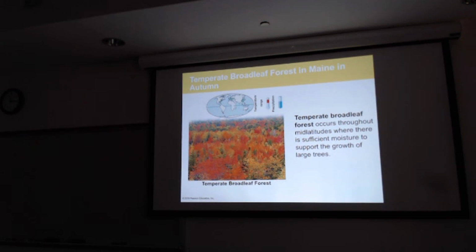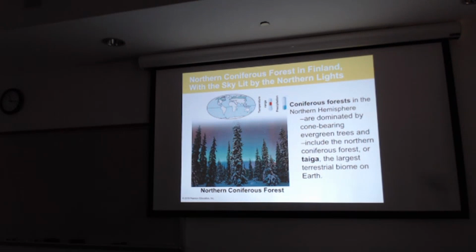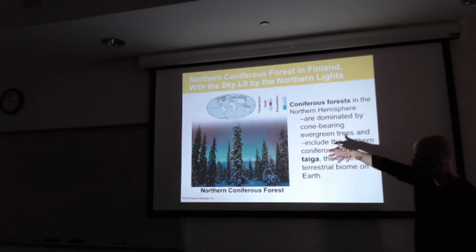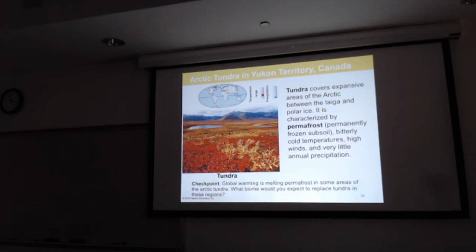Temperate rainforest. Again, not hot, not dry, and not totally soaking wet, and not bone dry either. Coniferous forest. It's cold, but has some rainfall. Now, there are places that are cold that don't have a lot of rainfall, and these are the tundra, okay?